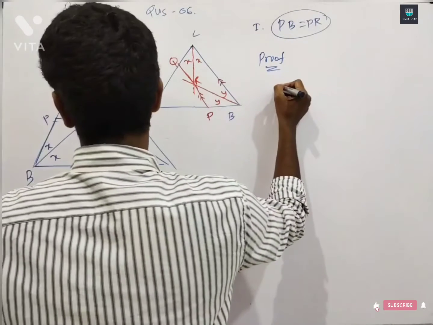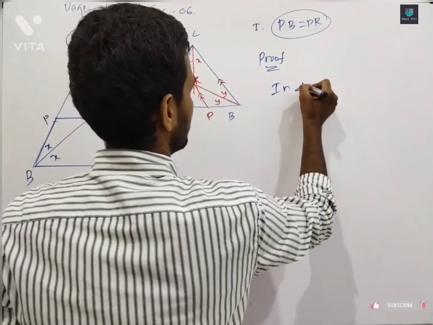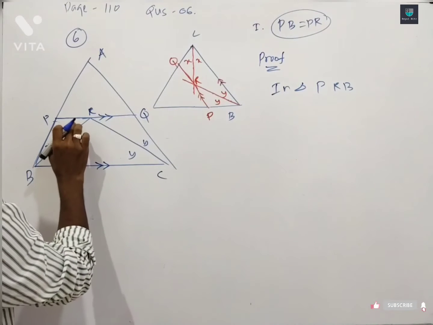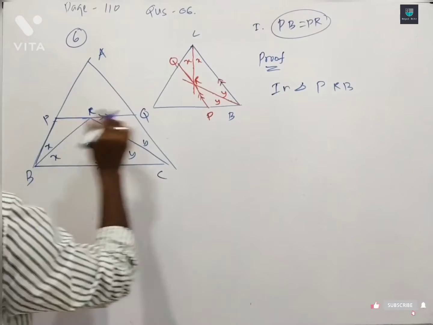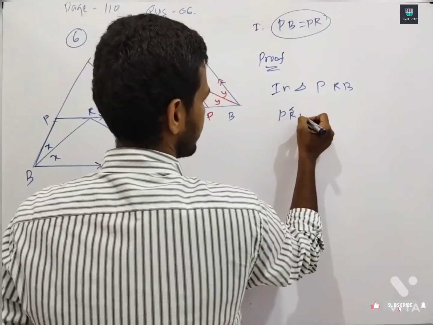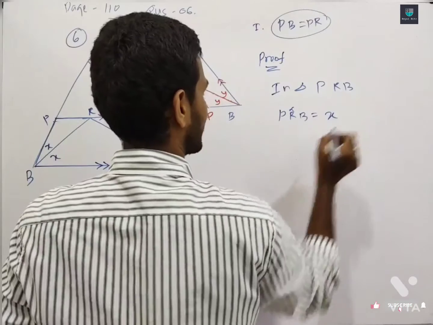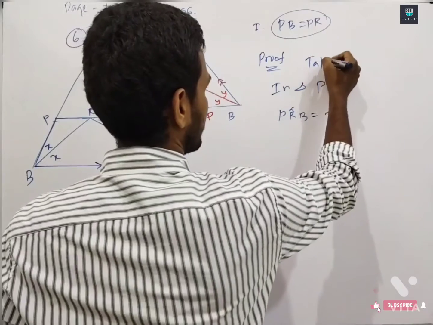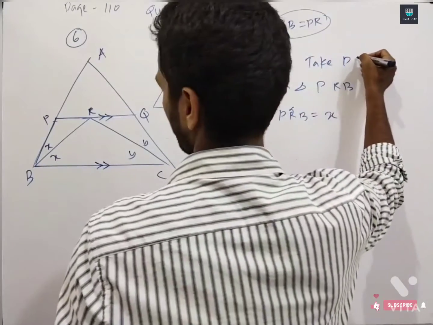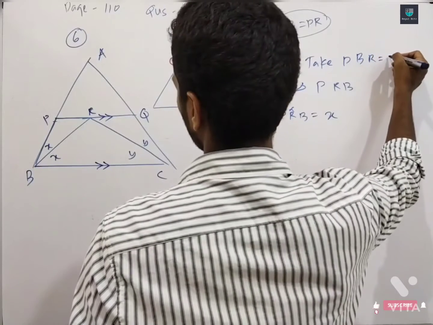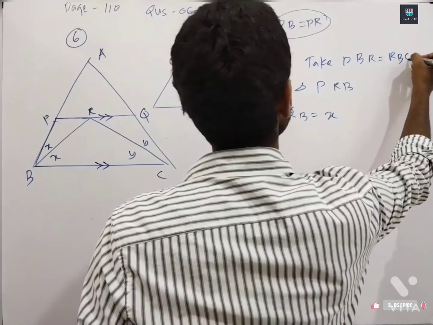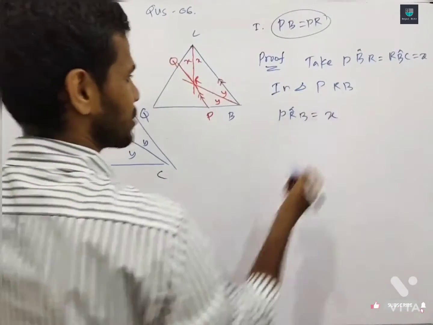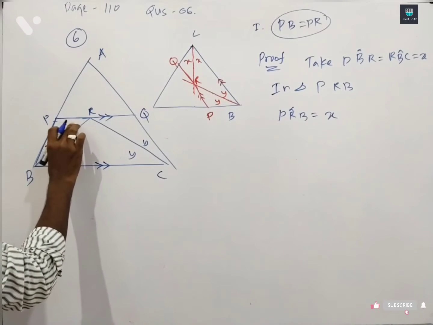In the triangle PRB, take angle PBR equal to angle RBC equal to x, because they are given as bisector. Now in this triangle, angle PRB is also equal to x.